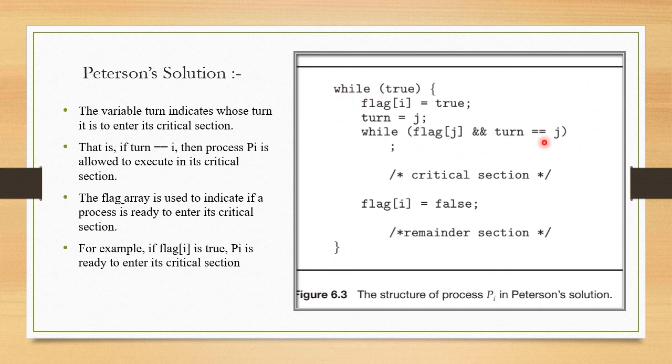And when process j finishes its execution of the critical section, it comes out and starts executing its remainder section. Then, at that same time, the other process i will start its execution of the critical section. So this is how the two processes communicate and execute their critical sections, vice versa.